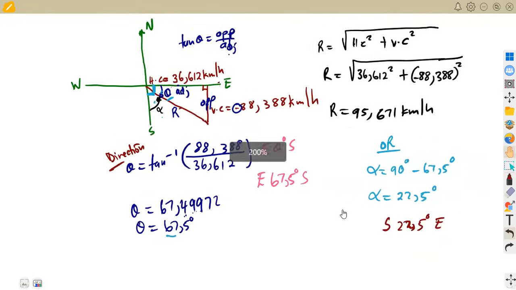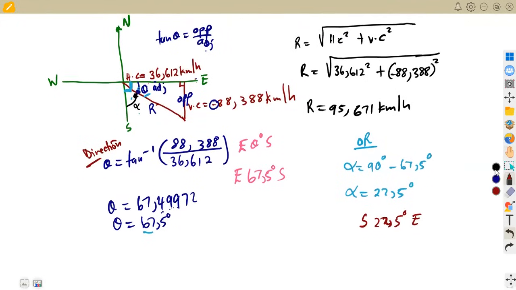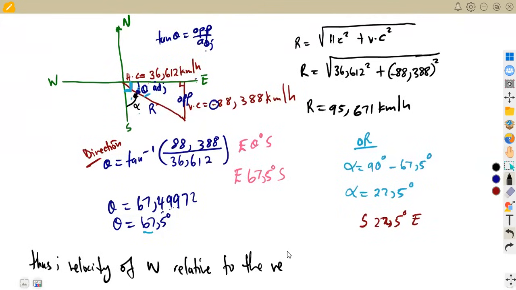So we can just have now a conclusion of these two. It's either you're going to write it in words or you're going to just write it in short. If you have to write it in words, in this case, we are going to conclude that the velocity of W, that was relative to, remember, the velocity of V, in this case is going to be given as the velocity here and the direction.